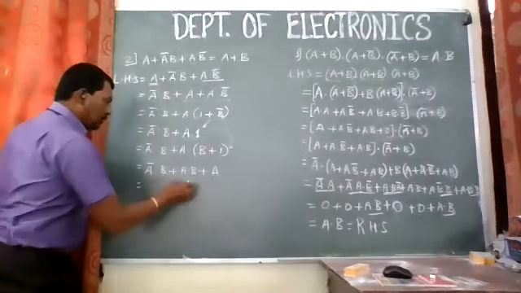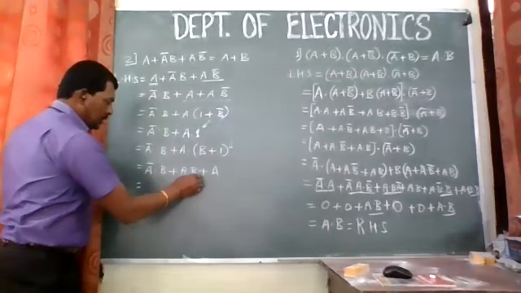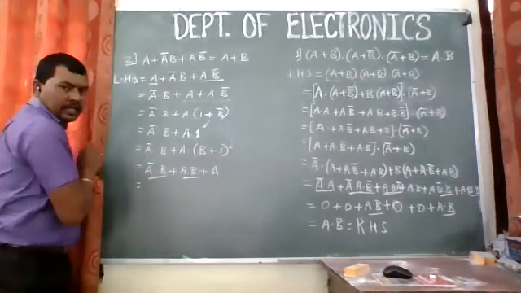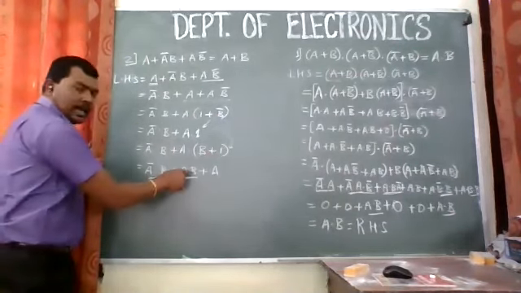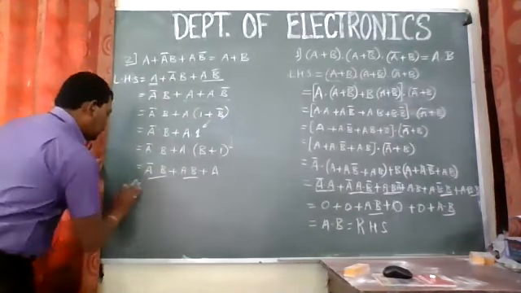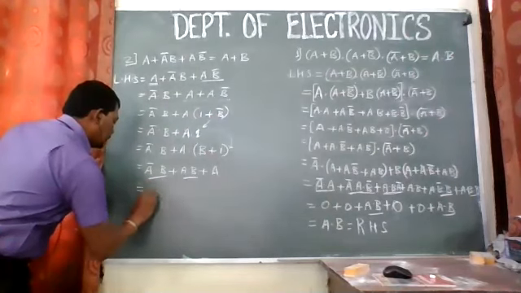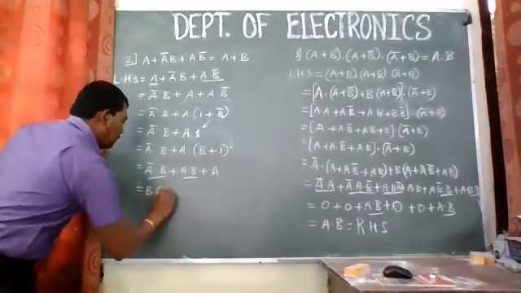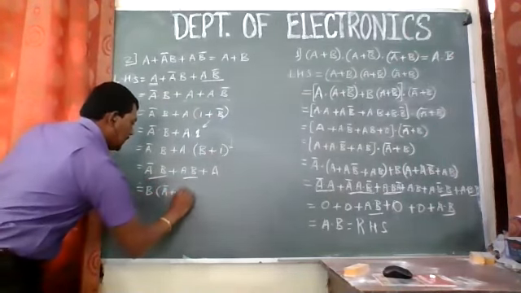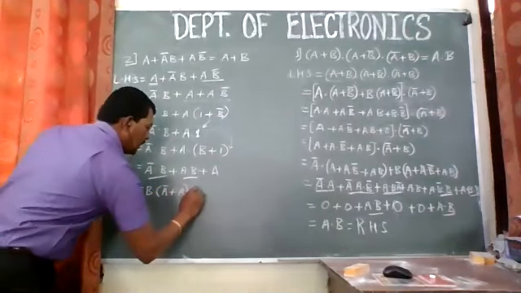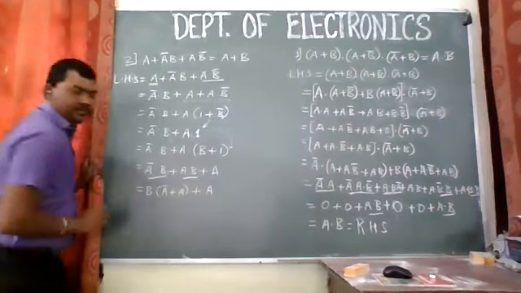Now I will take b as common from this term, so it is equal to b a bar plus a, and this a as common.